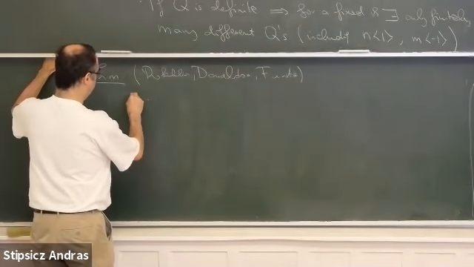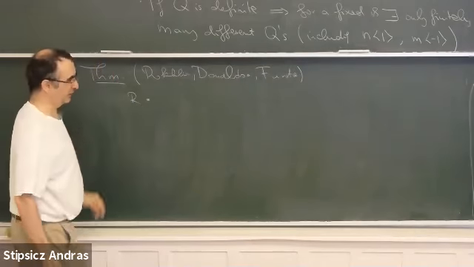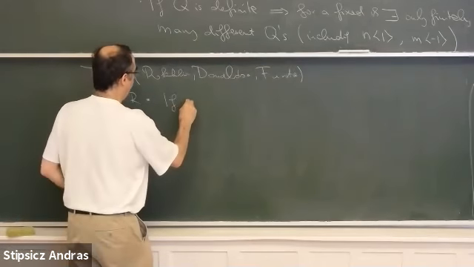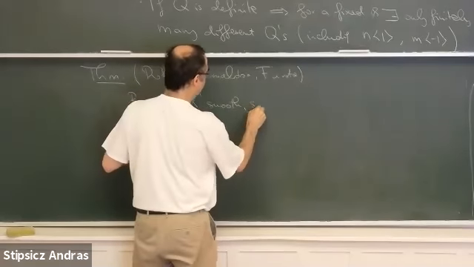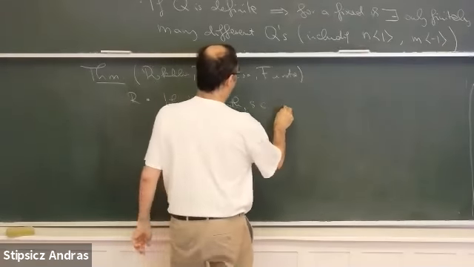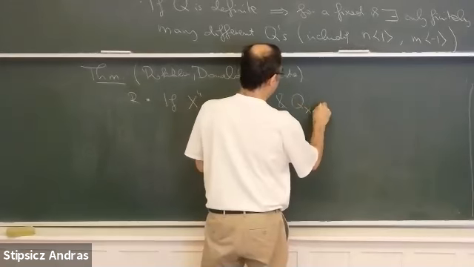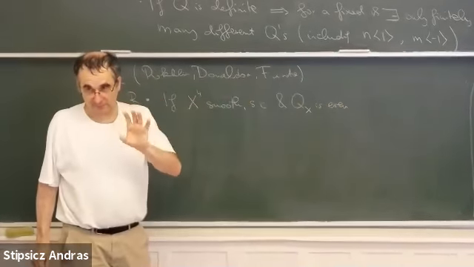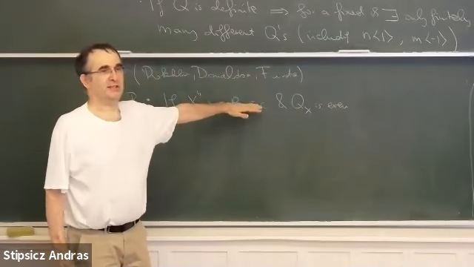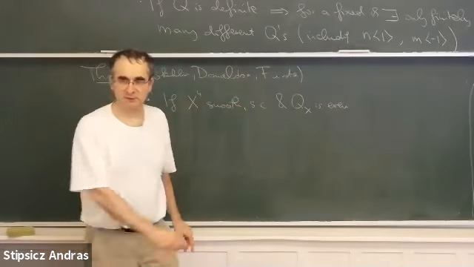Rocklin said the following: if X is smooth, simply connected, and QX is even, just a side note, and we will come back to that later on, this implies that X is a spin manifold.